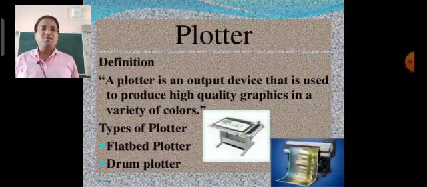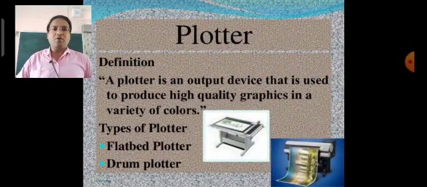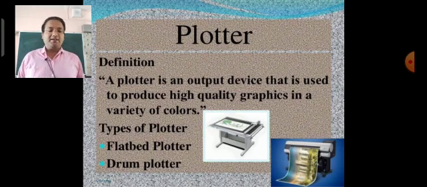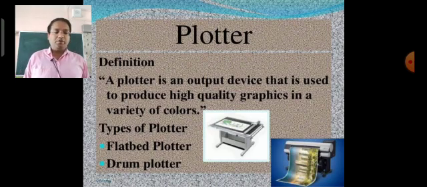Now next output device is the plotter. What is a plotter? A plotter is an output device that is used to produce high quality graphics in a variety of colors. Got it? There are commonly two types of plotters, drum plotters and flatbed plotters.